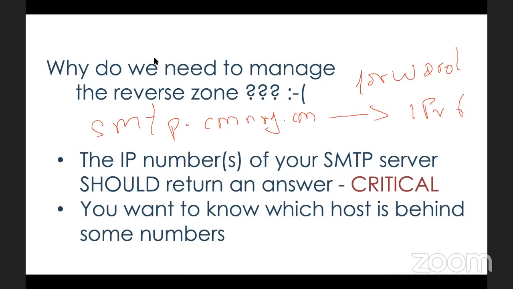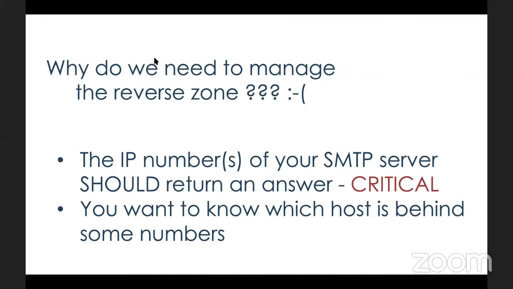But also, very critical, from this IPv6, we should be able to have this name. Okay? We should be able to know from the IPv6 number that we see, we should find the equivalent, the name associated to this number. So this is one of the most important feature or needs for a reverse zone file.